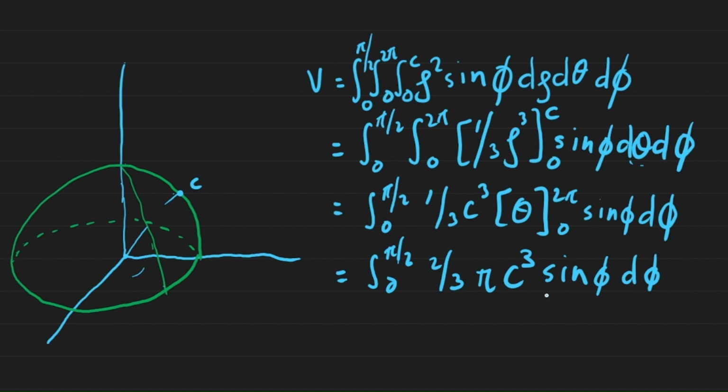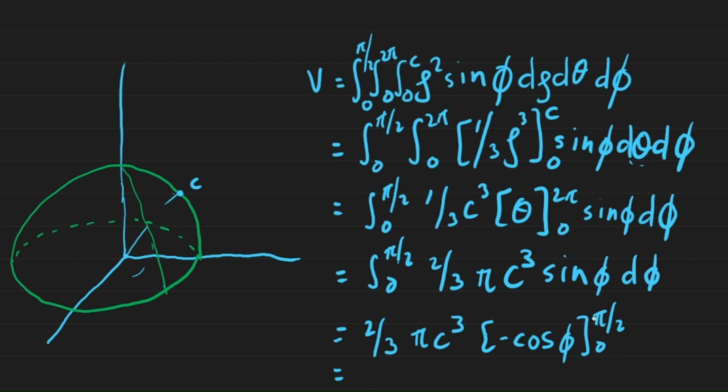So lastly, all we do is integrate sine of phi, and the integral of sine is minus cos. So we have 2 over 3 pi c cubed times minus cos phi from 0 to pi over 2.